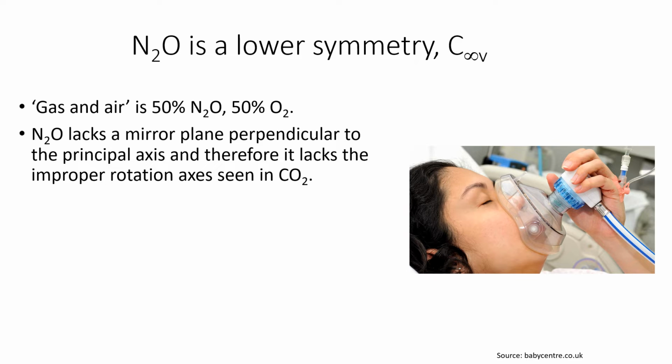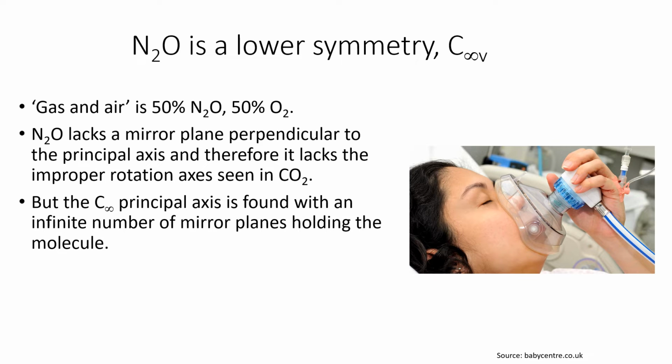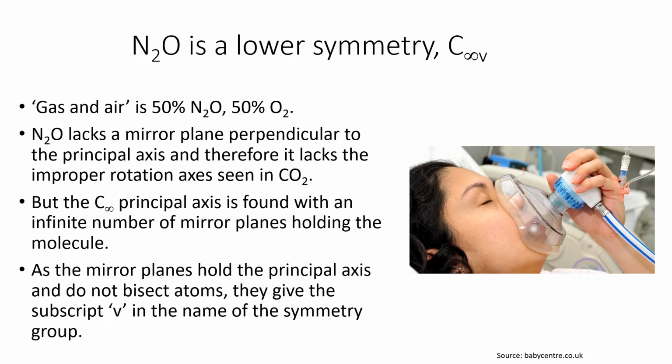But yes, so we lack the mirror plane, so we certainly don't get all the improper rotations that we get in carbon dioxide. But we do still have the infinite number of mirror planes that hold the principal axis. And since all those mirror planes that hold the principal axis are not bisecting any atoms, we're going to give the subscript v.